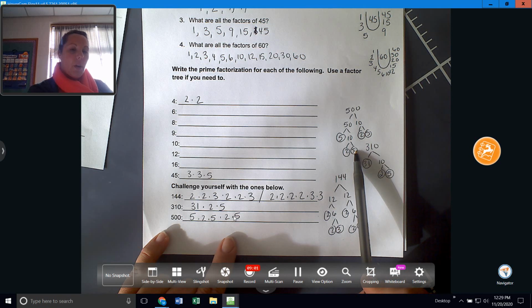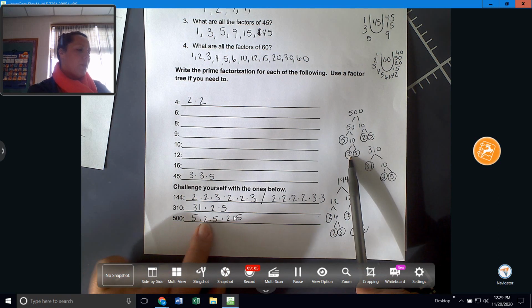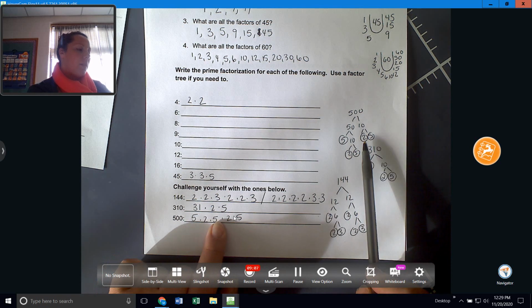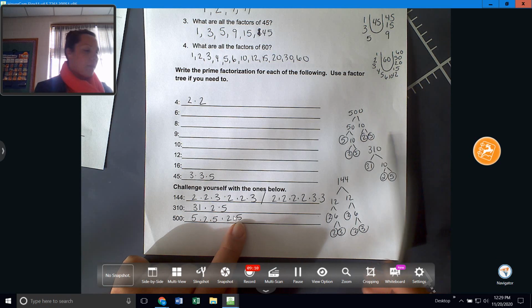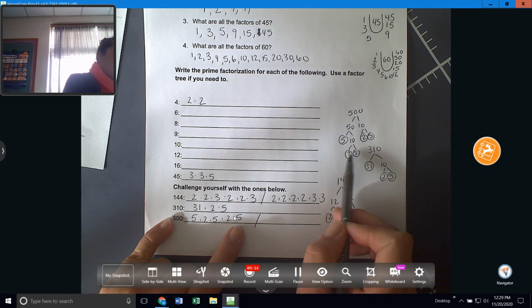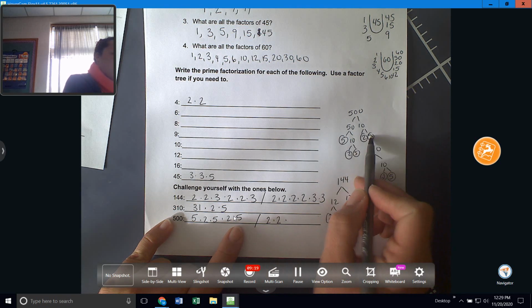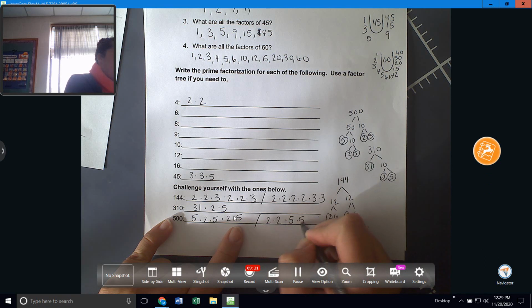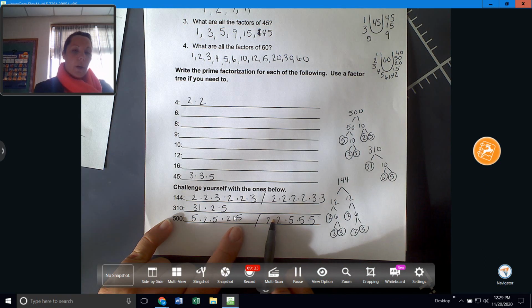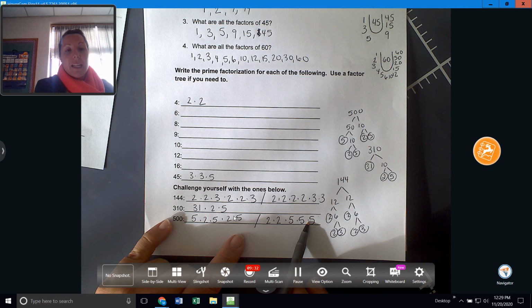Okay, so for 500 I have 5 times 2 times 5 times 2 times 5. Or you could have written, I have 2 2's and 1, 2, 3 5's. You must put a multiplication symbol in between because we are multiplying these factors, these prime factors, to get to the number, okay?